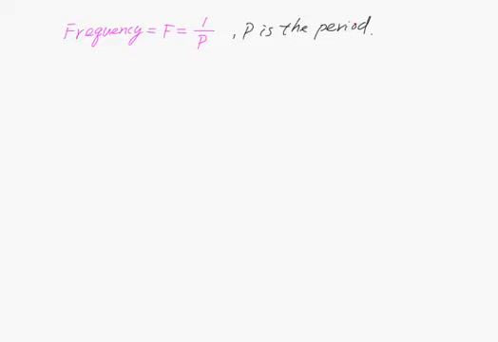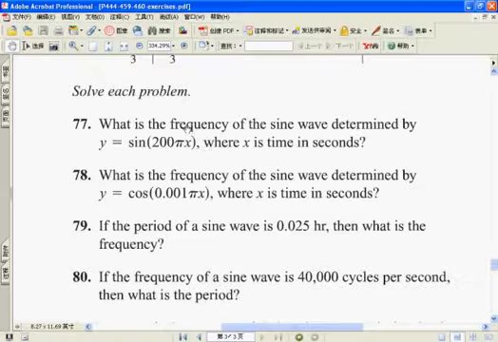Now let's look at one problem. Let's look at page 460, problem 78. We need to find the frequency of the sine wave determined by the cosine of 0.001 pi x, where x is time in seconds. So let's try to find the period for this function.